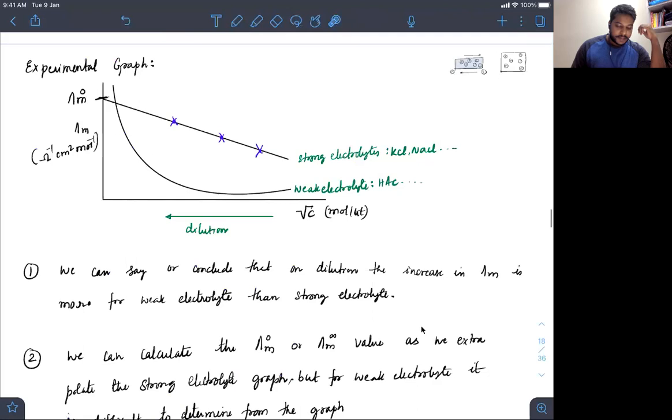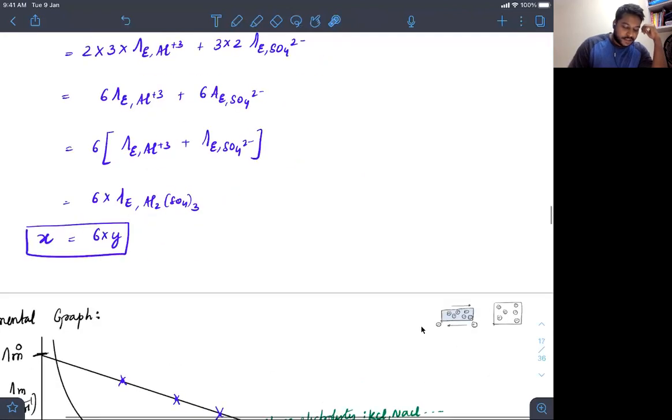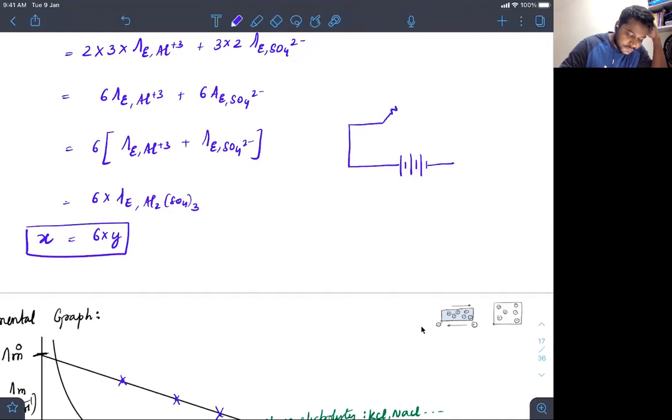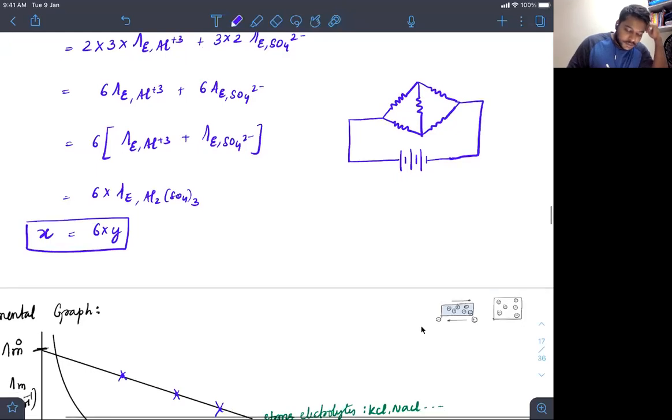Don't worry. Now my question was here, let us recall the Wheatstone bridge once, it will be useful for you from the physics point of view also. See, if we have any battery connected to a cell like this, connected to various resistances like this, so from here current is going, right?